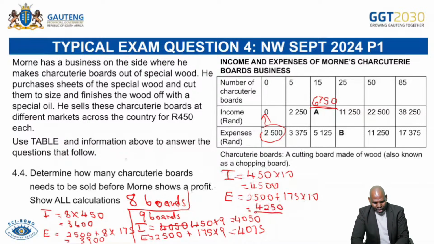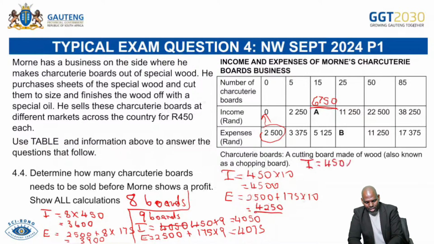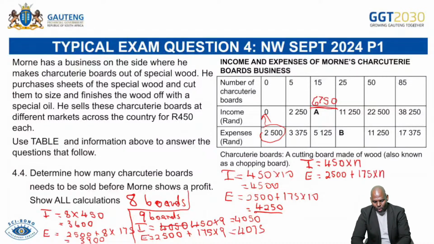So the easiest method that you can use in this case is to solve the two formulas. Remember, income equals 450 multiplied by n, and expenses equal 2,500 plus 175 times n. Now we want these two items to be equal.